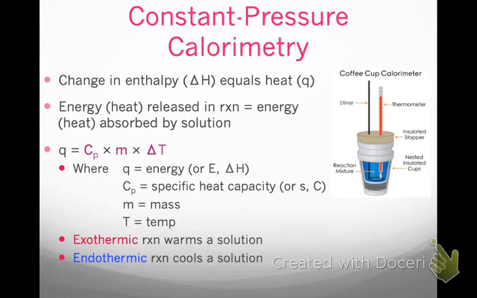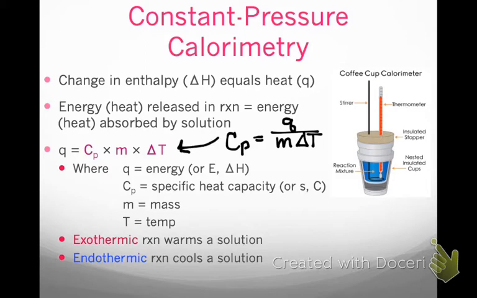And since we know that specific heat, as we said on the last slide, equals Q divided by mass times delta T, if we're looking to solve for Q, we can rearrange this equation and end up with the equation that I have off to the left here.